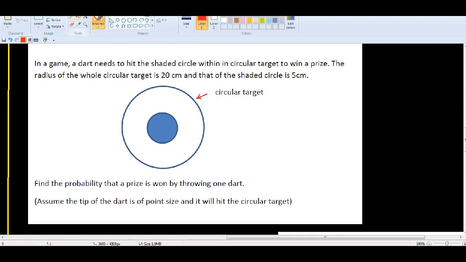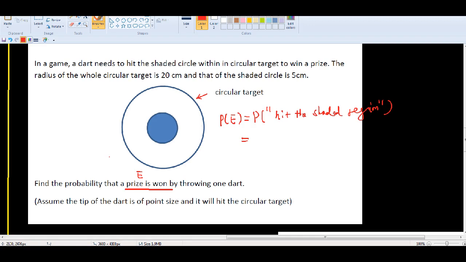All right, so prize is won. Let's say that's the event. This event actually means you need to hit the shaded region. So that would be the interpretation of our event.